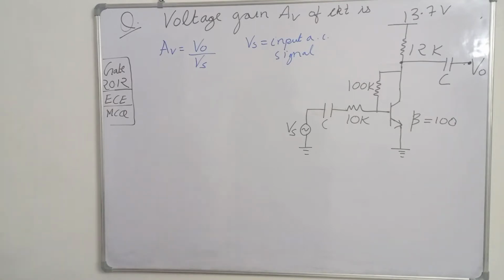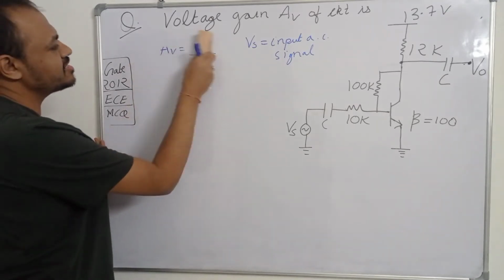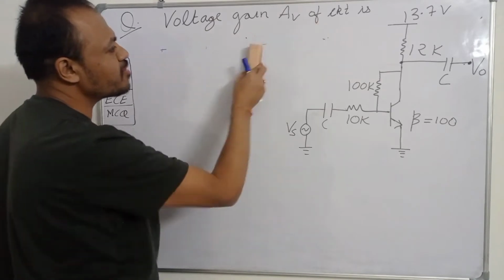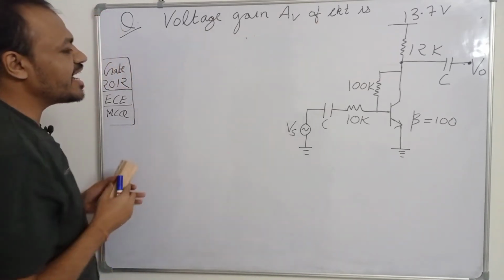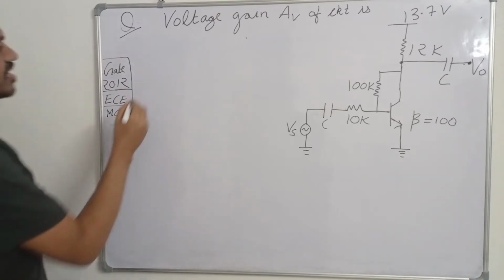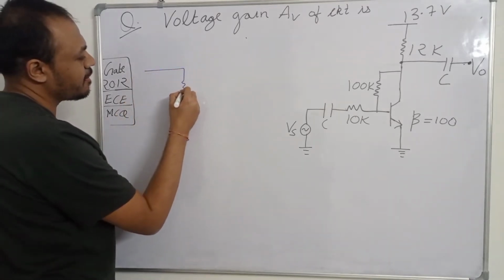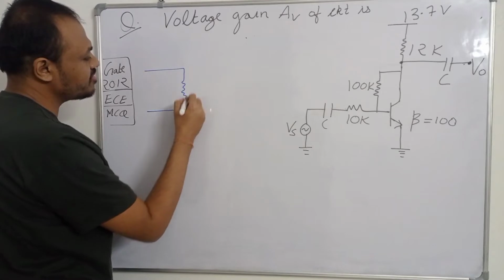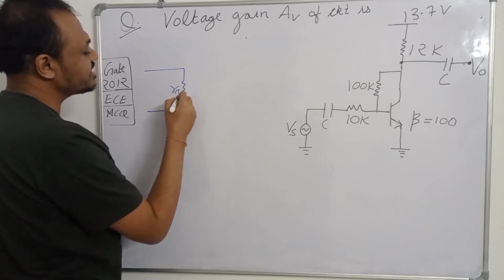So first we will have to do the DC analysis, because we can solve this question by using the RPi model of the transistor. And for the RPi model, if we draw it, then it is given like this.